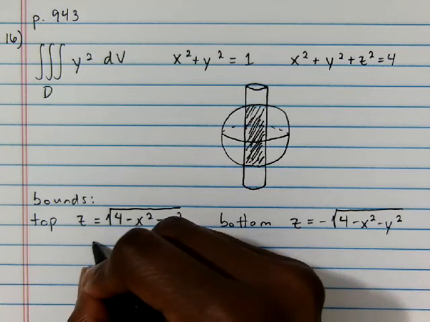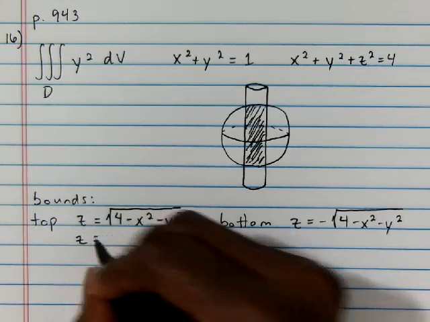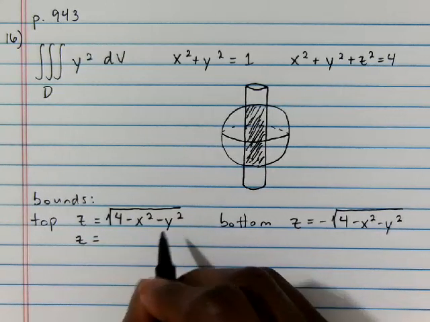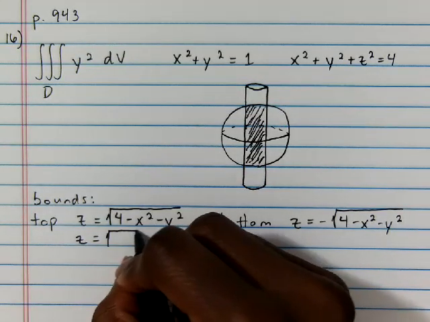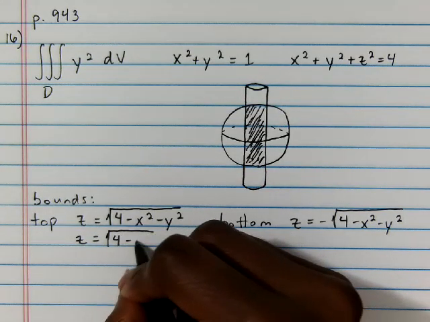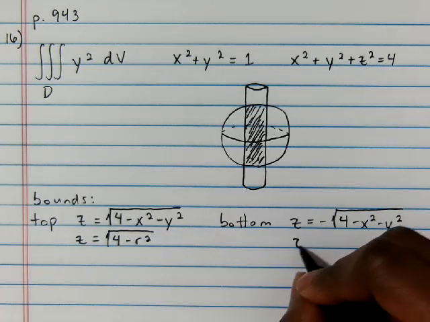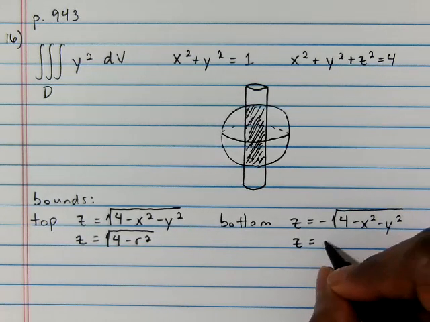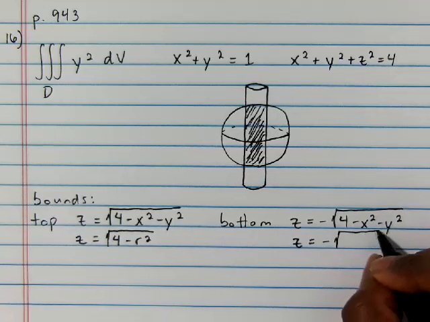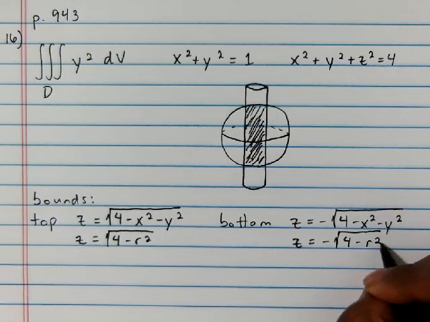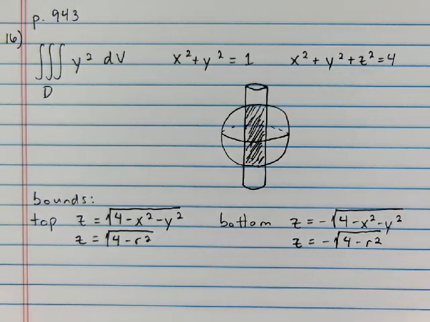So this ends up being z equals the square root of 4 minus r squared. And this ends up being z equals negative square root of 4 minus r squared. So now we've switched to rewriting this in cylindrical coordinates.